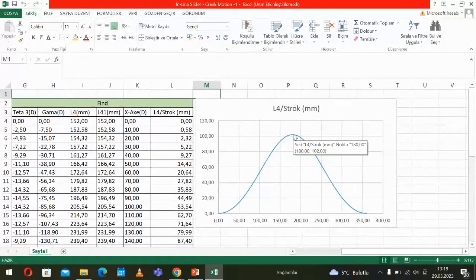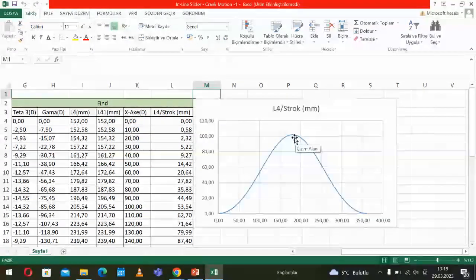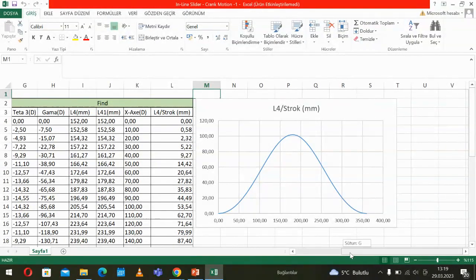That means the maximum stroke. This is the maximum stroke, and here it is about 100, I don't know, 2 or 3, 5, and we can check that here.